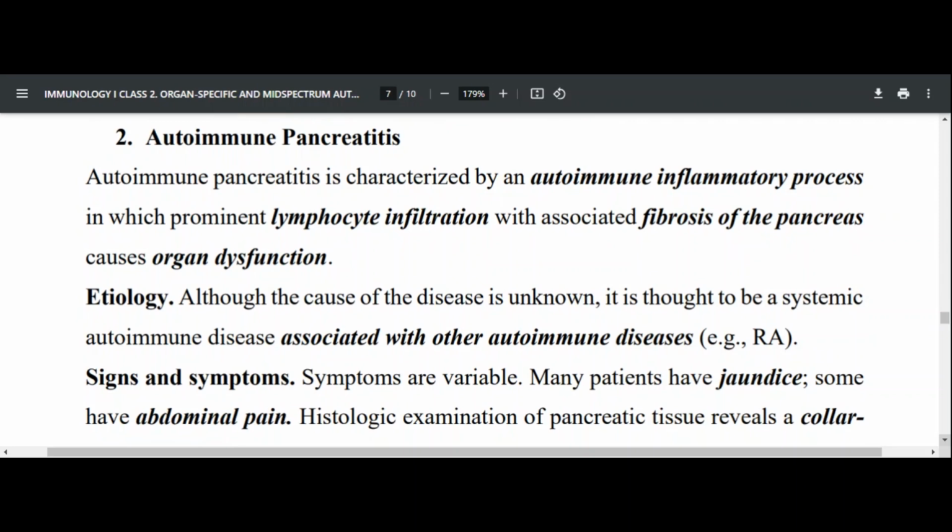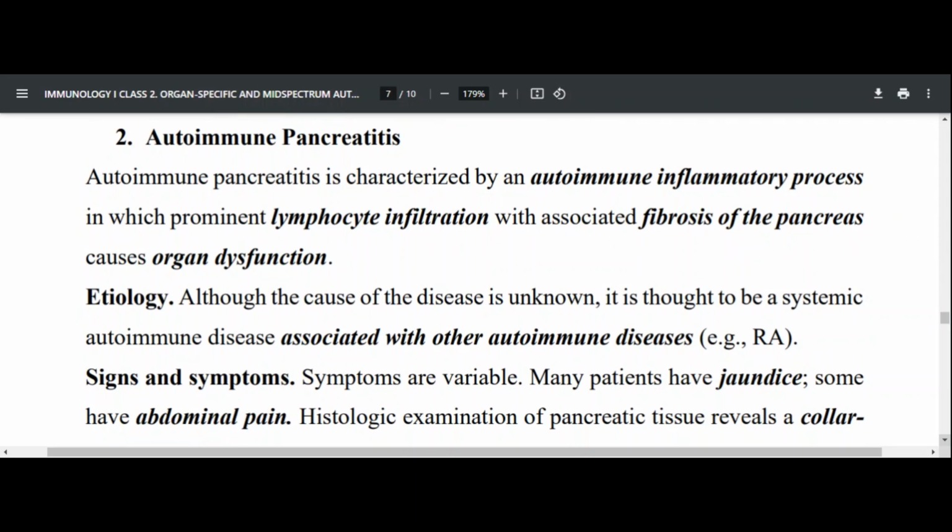Even though the cause of the disease is not known, sometimes it is thought to be a systemic autoimmune disease associated with other autoimmune diseases. Signs are variable, but many patients manifest jaundice and abdominal pain.